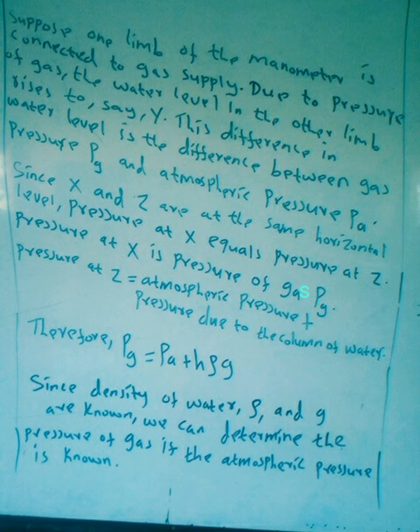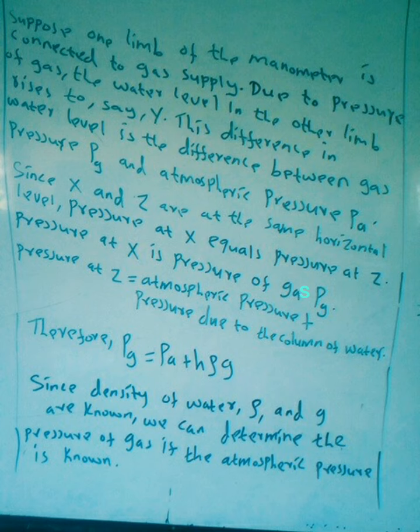Therefore, pressure Pg is equal to Pa plus h rho g, where Pg is the pressure of the gas which is connected to the tube, and Pa is the atmospheric pressure at that particular place. h is the height of the liquid column, rho is the density of water, and g is the gravitational strength.